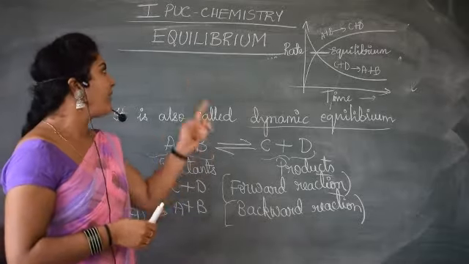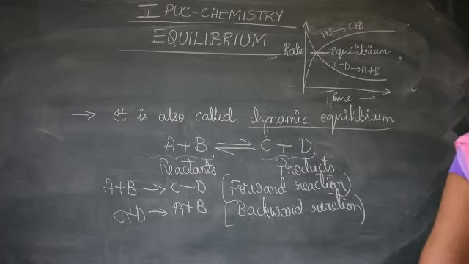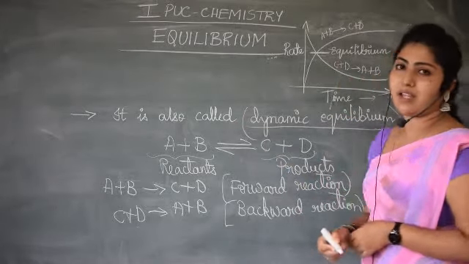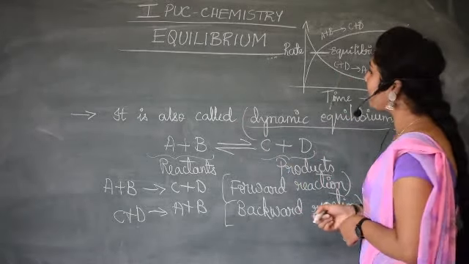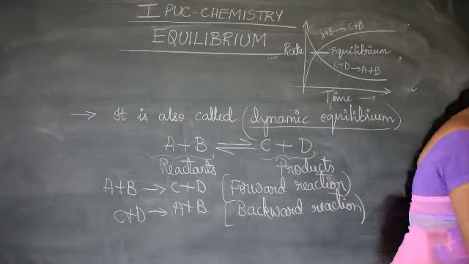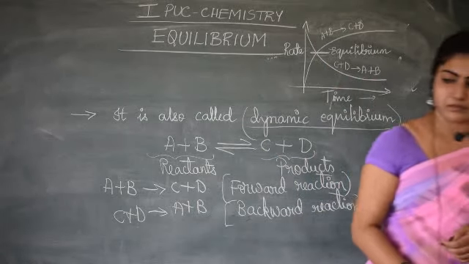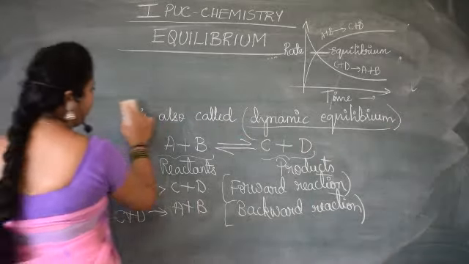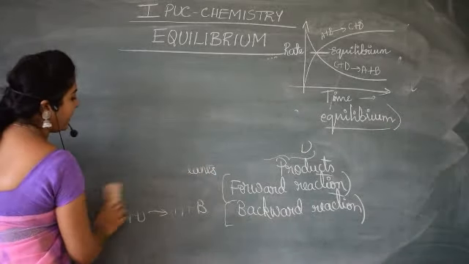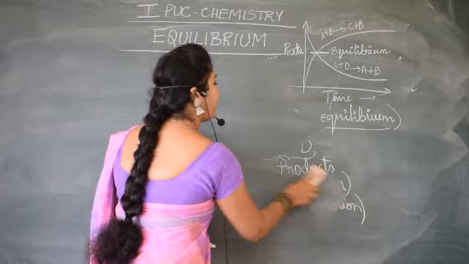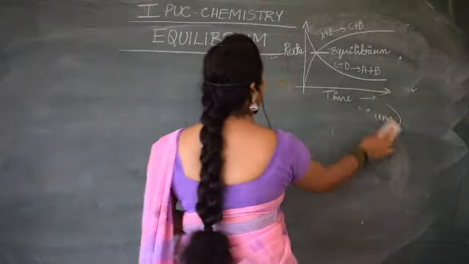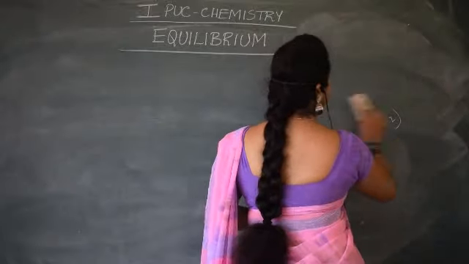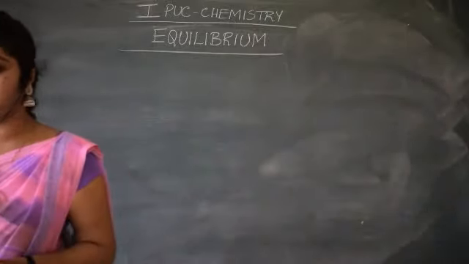So that is why an equilibrium is further called dynamic equilibrium. Hope you have got the point of this. Now let us see some important transformations. I have told you physical equilibrium, chemical equilibrium also we see. Let us see some types of physical equilibrium.